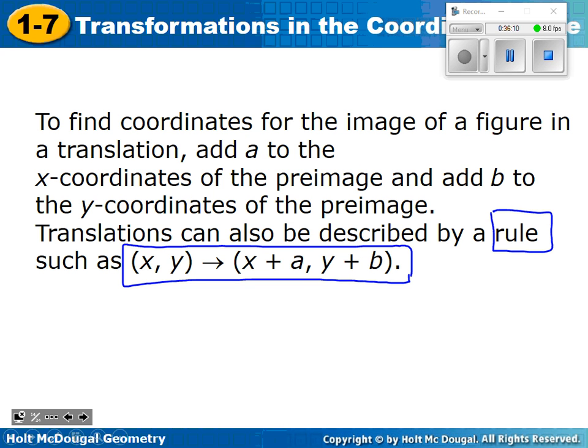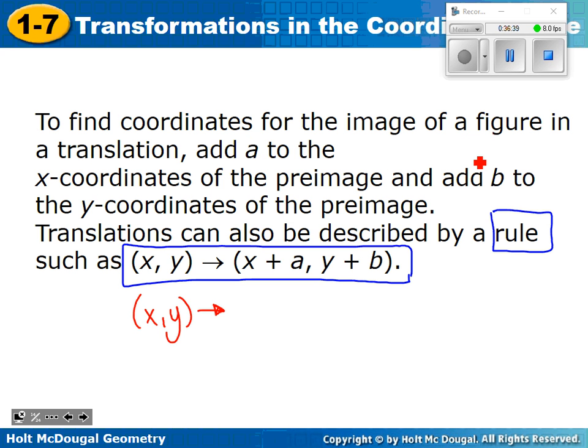I will count off if you do not start every rule with X, Y, arrow. Every rule is going to start with X, Y, arrow. What that means is you're saying that you can take the coordinates for your pre-image, X, comma, Y. So each one of these, X, comma, Y, and you can map them onto the image by using this rule.